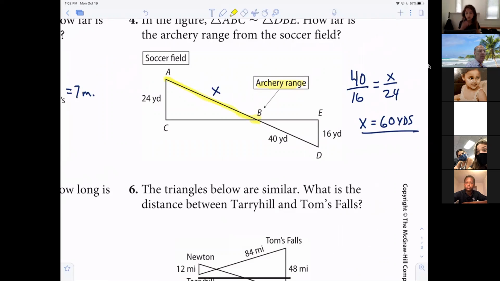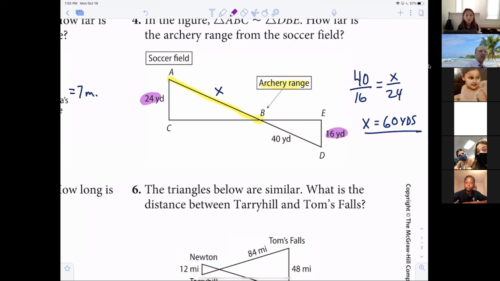Okay, so A to B corresponds to what number? The problem is you have to be able to tell me, does 24 correspond to 40 or to 16? Evan? 16. Right. That's exactly why I set it up as 40 over 16.